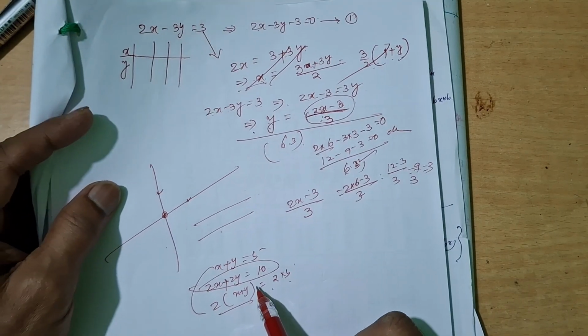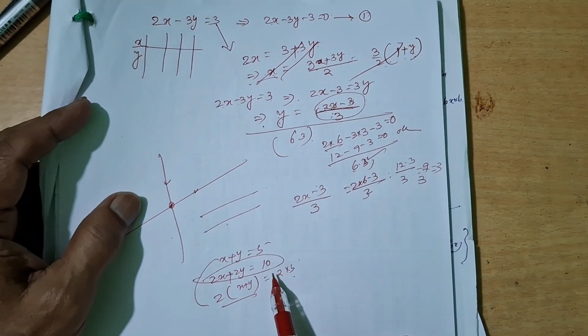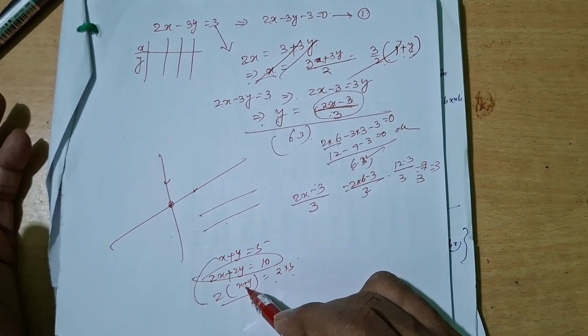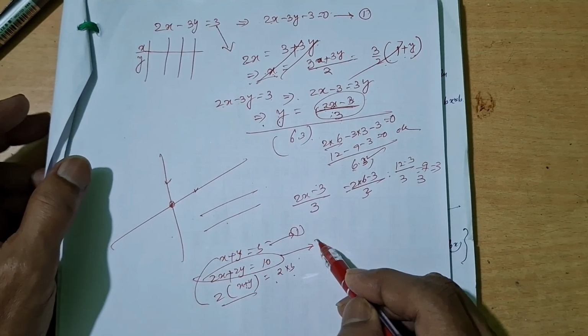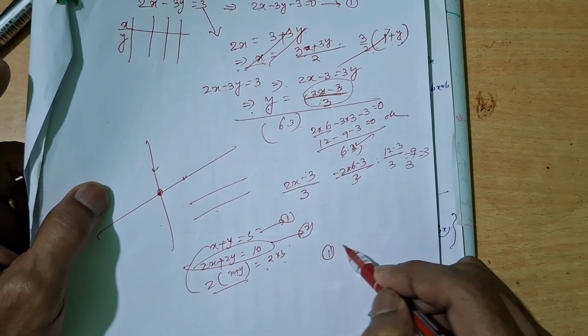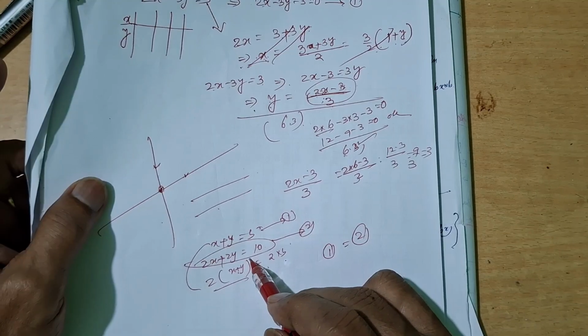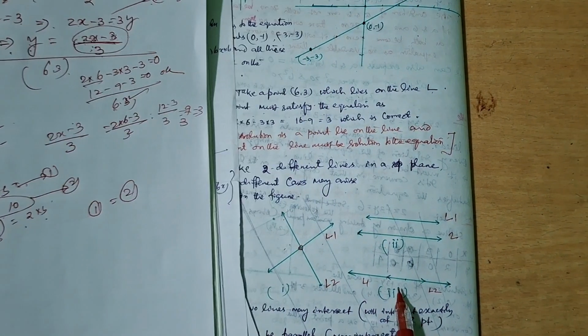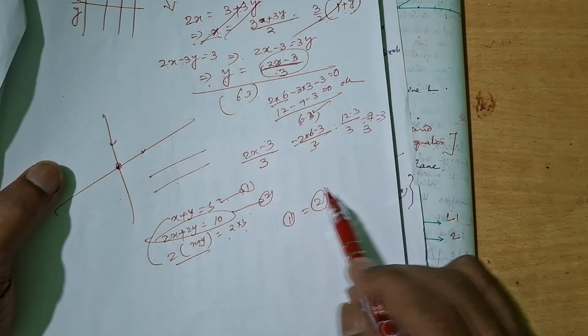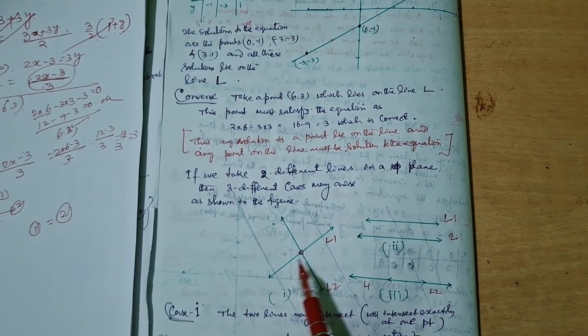Whether it is two different straight lines or the same straight line, it is the same equation. It is not any other equation, only the same equation. So they will represent the same straight line. Otherwise, they may be parallel or they may cross each other.